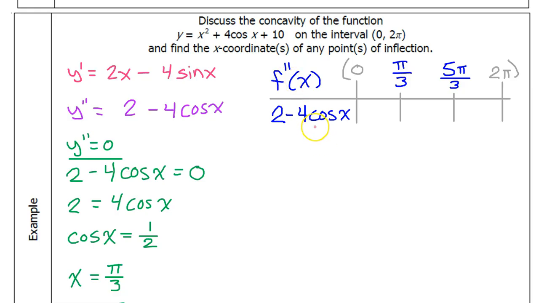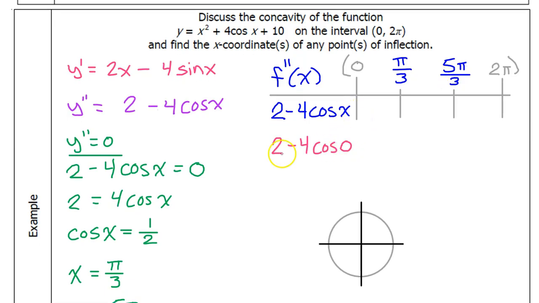We need to decide whether f double prime is positive or negative in each one of these intervals. So we need to pick a test value in each interval to plug in to see if f double prime is positive or negative. On this first interval, we are allowed to use the value of 0 as a test value. Even though it's not technically included in the solution set, that doesn't matter. We can still use it.